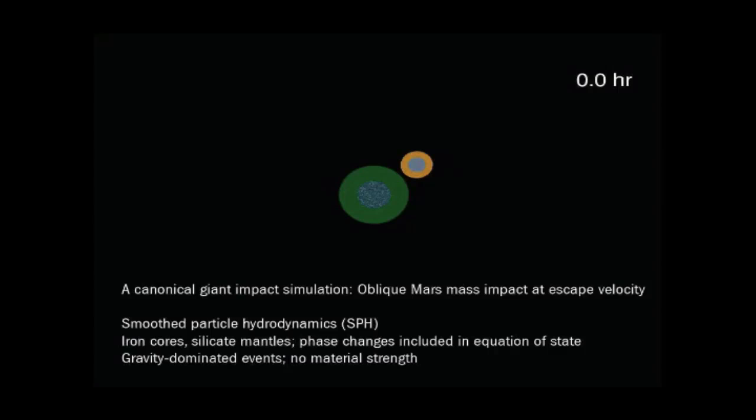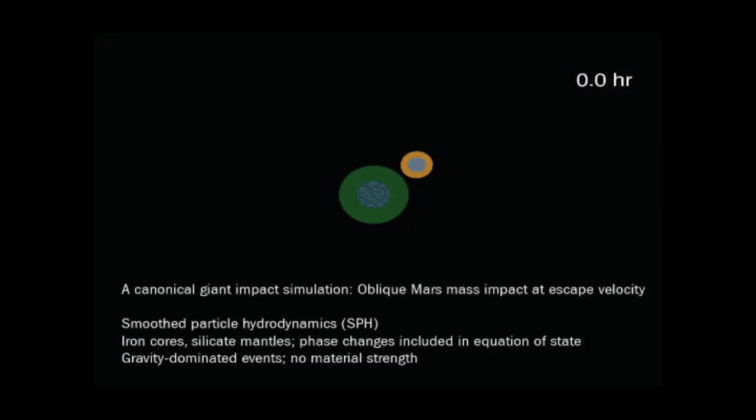Self-gravity is included in these calculations, but the materials are considered strengthless in that they're like a fluid. Under the conditions of a giant impact, the material strength is of secondary importance for the outcome that we are trying to match today, although it is important for some details.